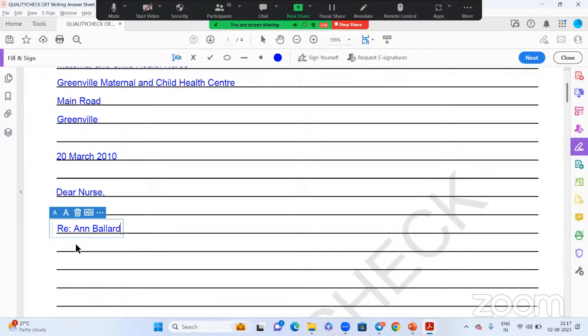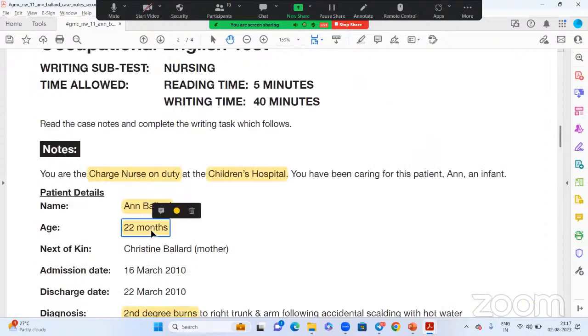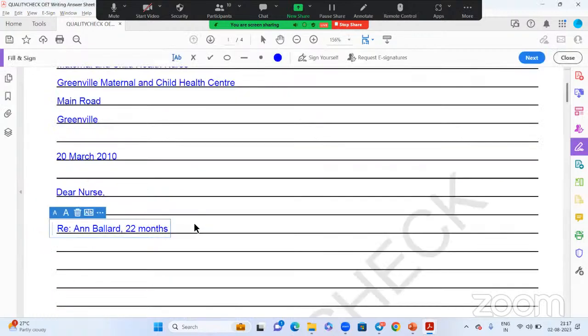That's enough. Or you can say 22 months. Just leave it. That's fine. So 22 months that we have taken from here.